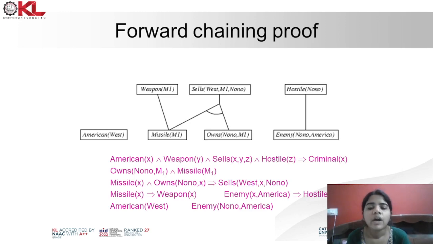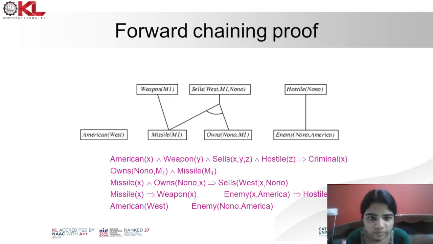When we look at the left-hand side, weapons are nothing but missiles, so we can write missiles here. And who owns these weapons is considered as NATO. So we can write the chain as Owns(NATO, M1).